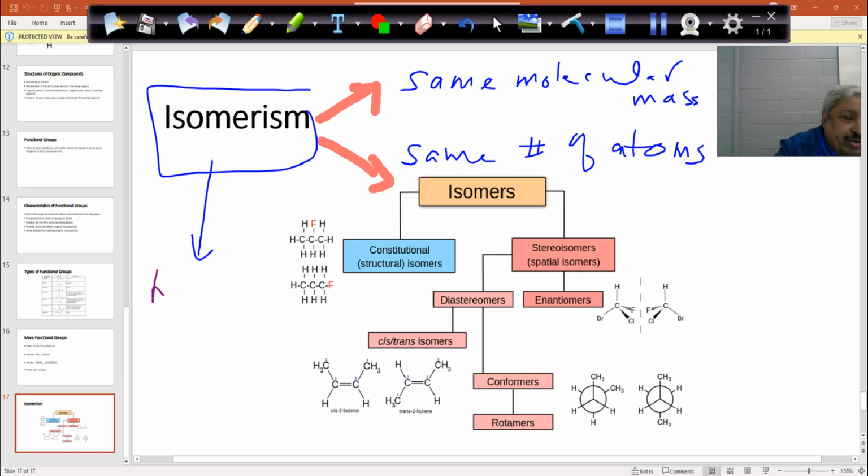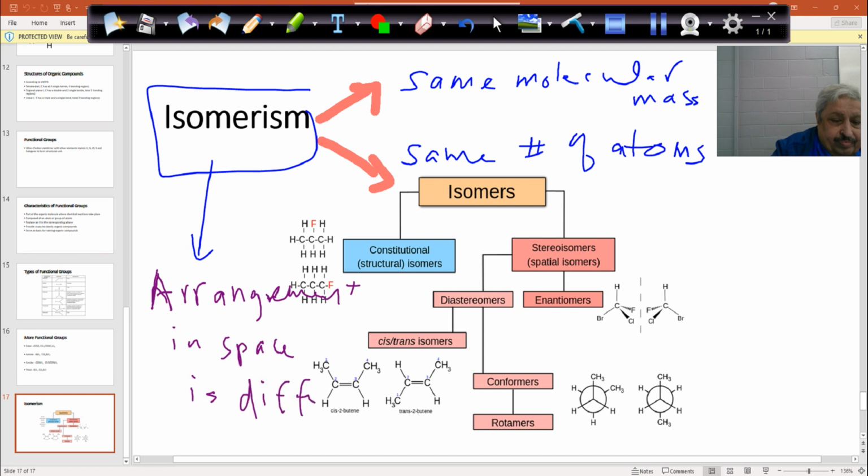So now we have constitutional isomers and we have stereoisomers.